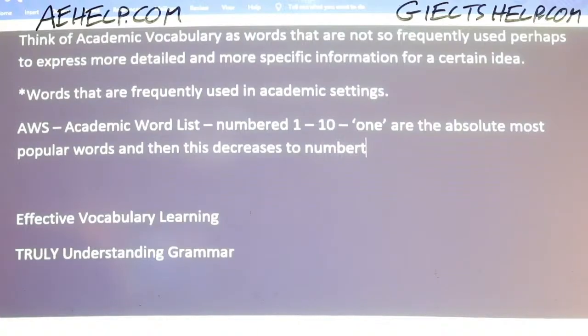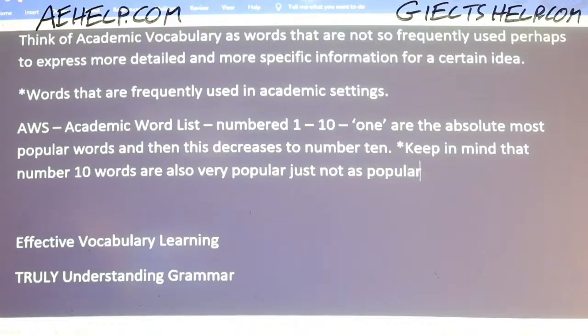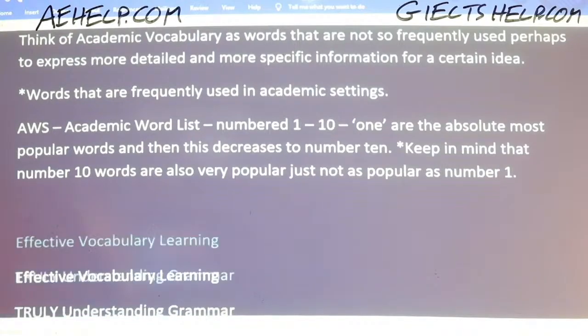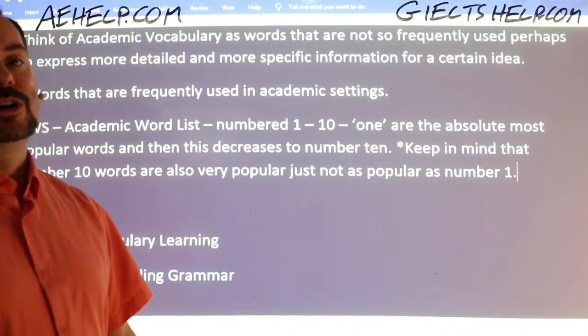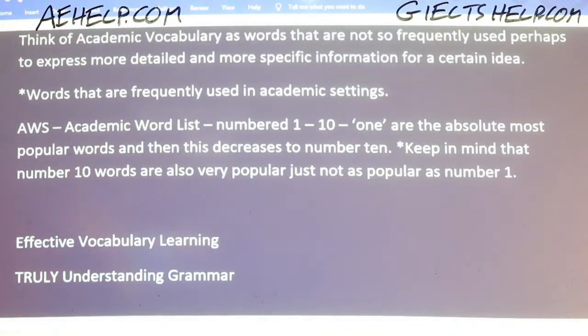Now, keep in mind, it's very important that number 10 words are also very popular, just not as popular as number 1 or number 2. All right? So it doesn't mean, oh, I don't need to learn the number 10 words because they're not as popular as number 1, but you should start with number 1 words, okay?